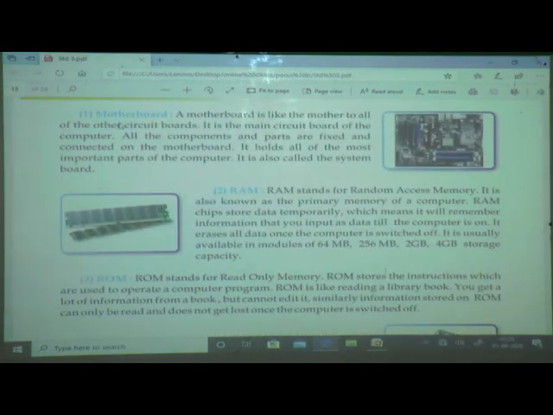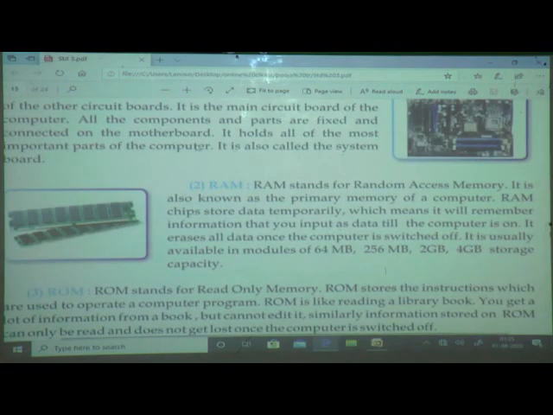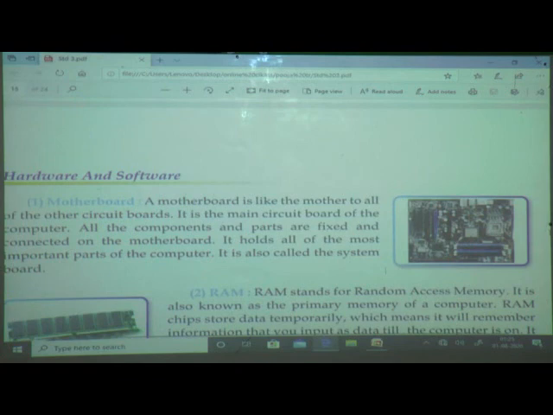First is the motherboard. Where is it? It is in the CPU. And what is the use of the motherboard? A motherboard is like a mother to all of the other circuit boards.